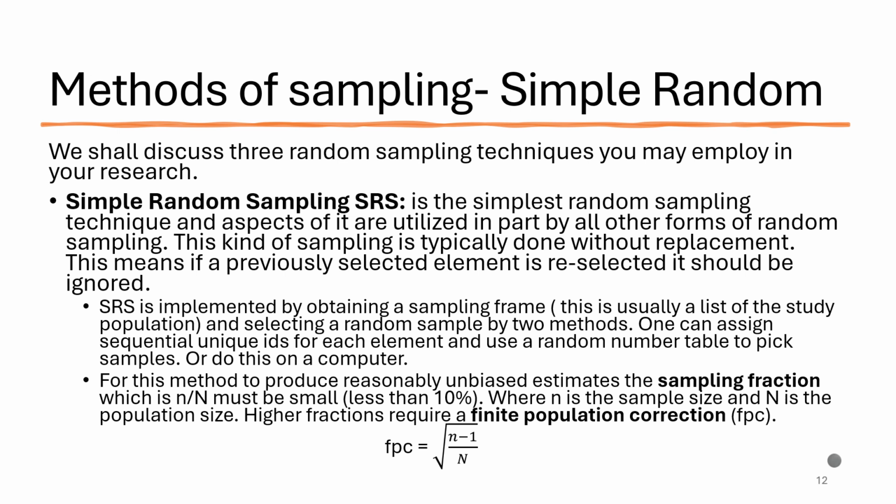That's less than 10 percent. As the sample size increases, this means that your sampling fraction has increased. The proportion that you're taking from the overall population is larger. You need something called a finite population correction, right? This allows certain biases to be weighted off.